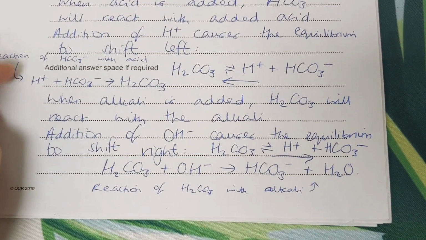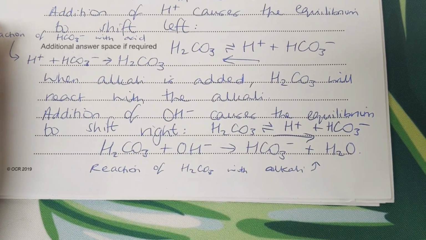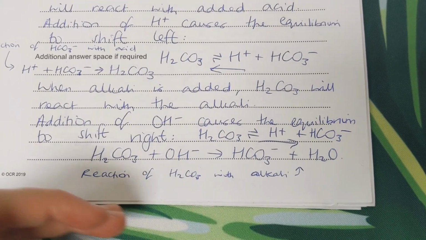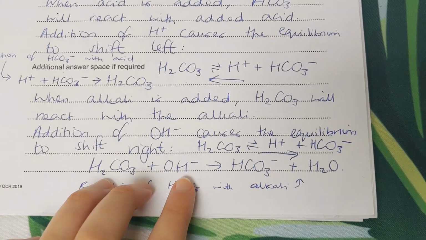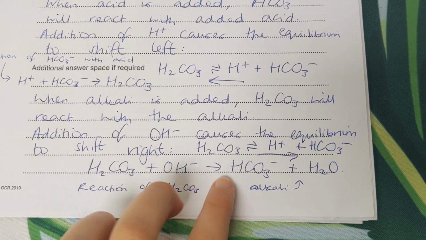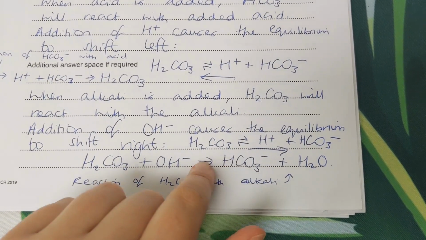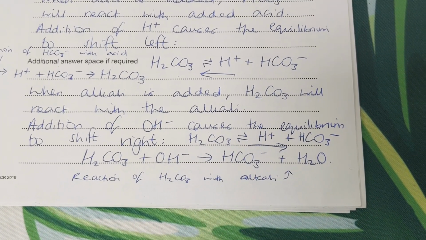So when the alkali is added, the carbonic acid will react with it, and addition of the alkali will cause the equilibrium to shift to the right, because this is what's happening. The carbonic acid reacts with the OH minus from the alkali and it's producing more of this HCO3 minus, the conjugate base.